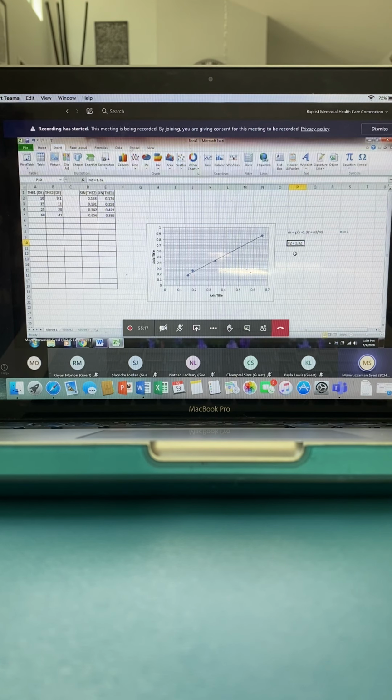So if you get this value, then you can get the percentage of error. How do you get the percentage of error? Very easily you can do it, all right? It should be like this, percentage error. You can write the standard value, which is 1.33, minus the experimental value that you got, 1.32, and the whole thing you need to divide by the standard value, which is 1.33, all right?